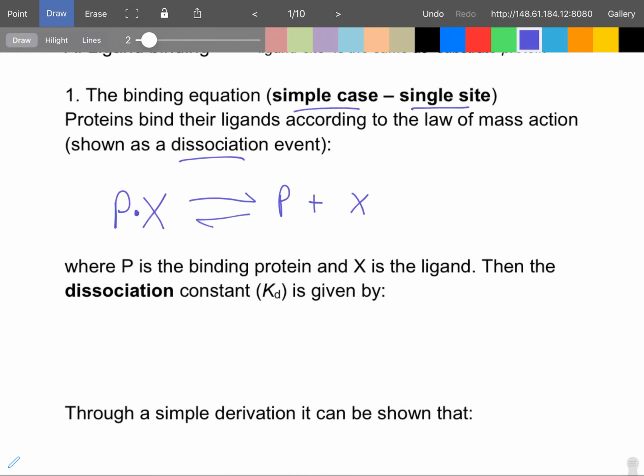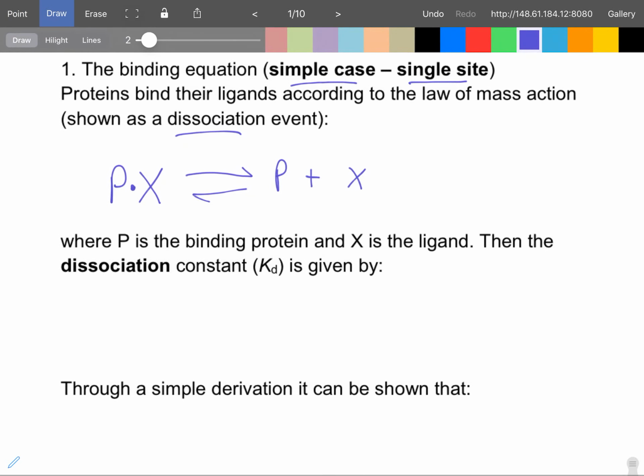And so we can write a dissociation expression this way, where Kd, a dissociation constant, is given by essentially products over reactants. So the concentration of free protein times the concentration of free ligand divided by the concentration of the complex of the protein and ligand that are bound together.